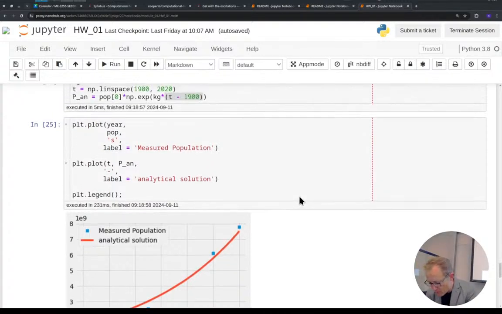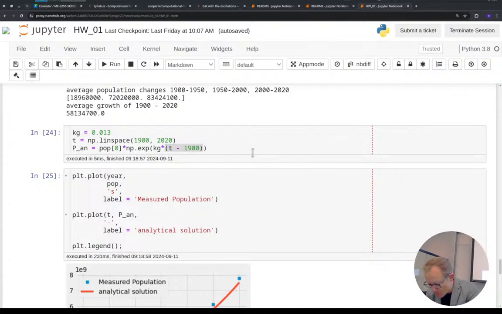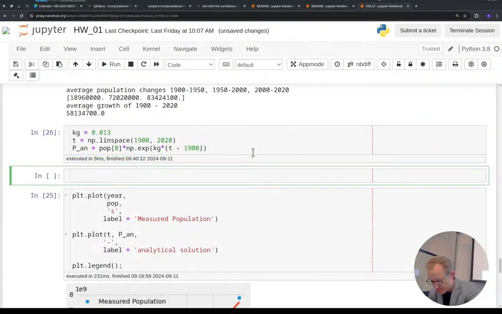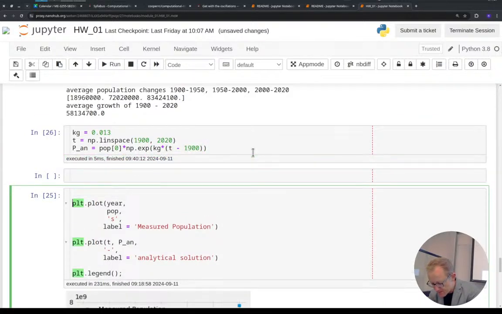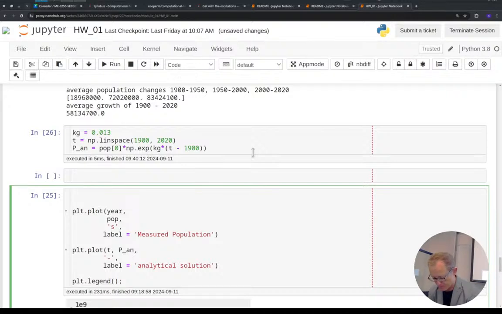All right, cool. So we're getting to some cool conversations about convergence. So I'll redo my Euler integration. So 1900, go to 2021. We'll take steps of 20.